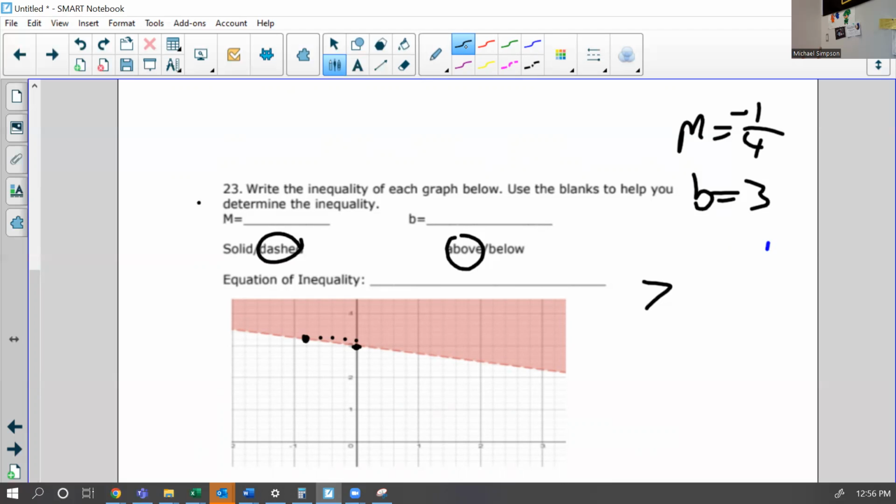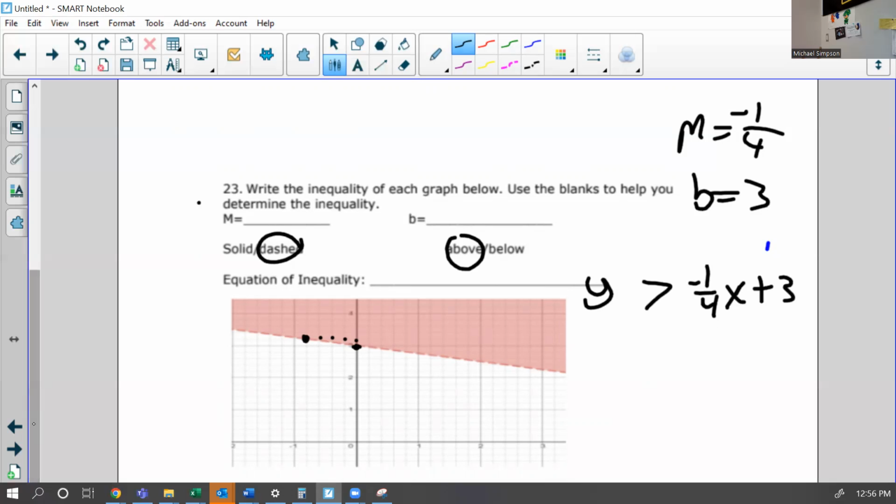So writing my equation now is going to be y is greater than negative 1/4 x plus 3. A very simple one there. The key here is you got to find the slope, the y-intercept, and make sure it's a dashed line and it's above, so above is greater than.